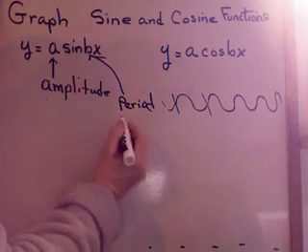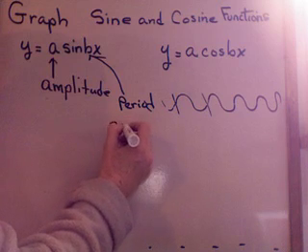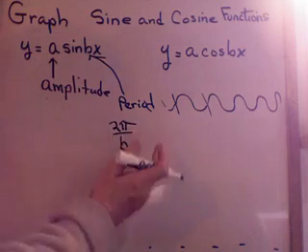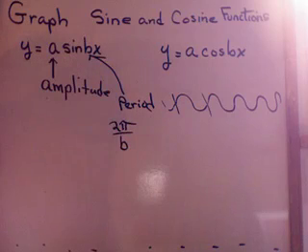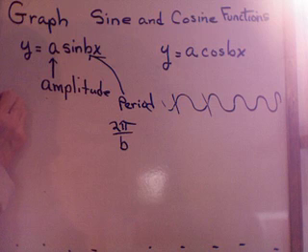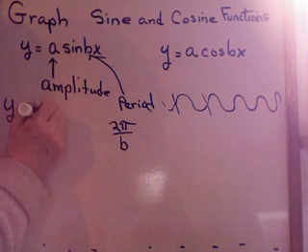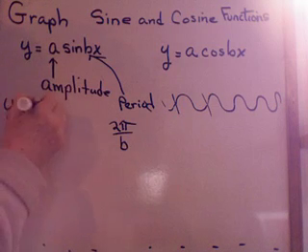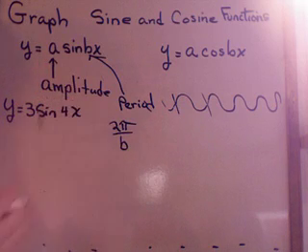So we use the b to find the period because the standard period is 2 pi. So 2 pi over b gives you the exact spacing for one complete picture of the sine curve. Let me do a real number example for you. All right, suppose I give you y equals 3 sine 4x.